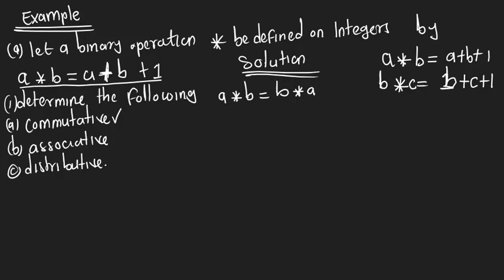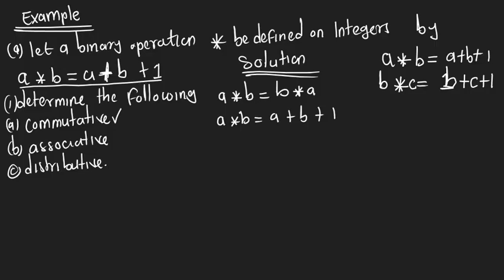So notice that A star B, according to the question, was given to be A plus B plus 1. That is what they said. So now let's see what B star A is going to imply for this particular question.